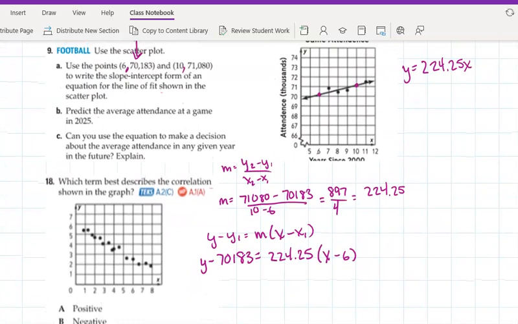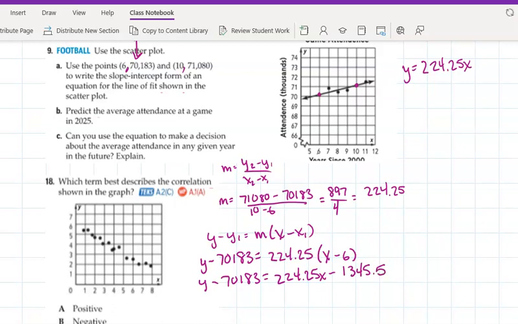So we're going to distribute. So y minus 70,183, I'm going to leave that alone for right now. Distribute this, minus, I'm going to have to multiply this and get 1,345. And then from here you're going to add 70,183 to both sides.